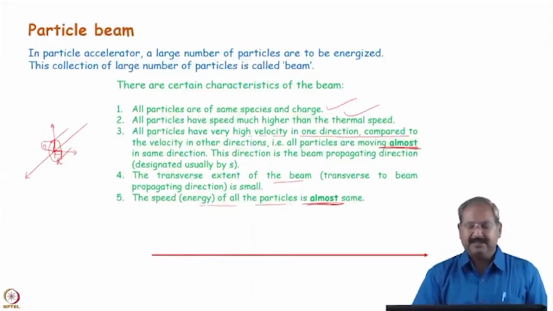So now consider that there is a design axis. We can say that this is a design axis or optic axis or the central axis or the orbit, like that. So some particle is going in this direction.